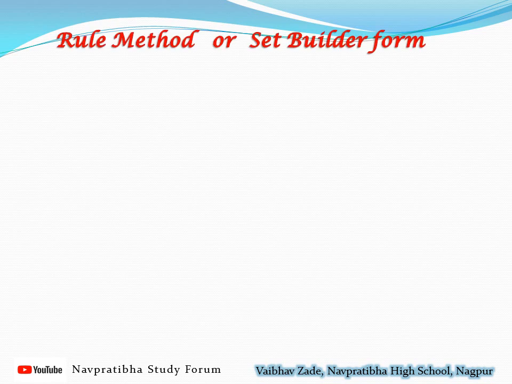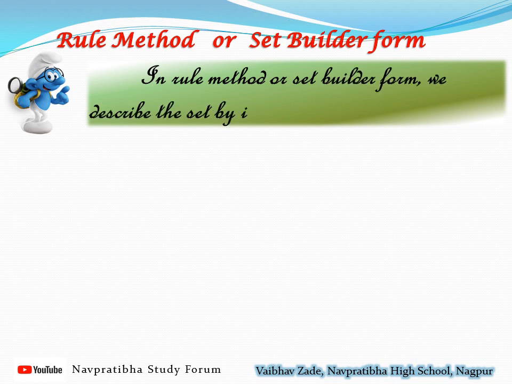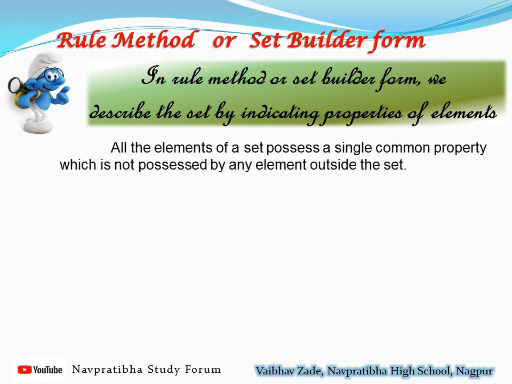Our next method is the rule method, or set builder form. In the rule method or set builder form, we describe the set by indicating the properties of its elements. It means here we only consider the properties of elements. All the elements of the set possess a single common property which is not possessed by any element outside the set.